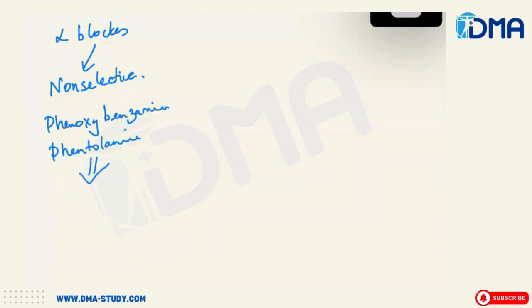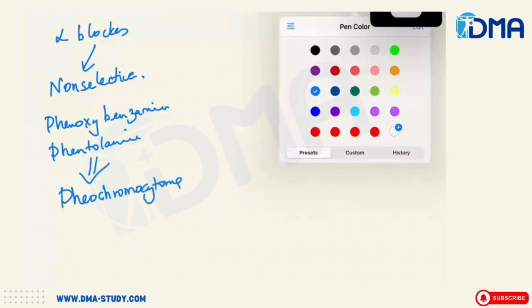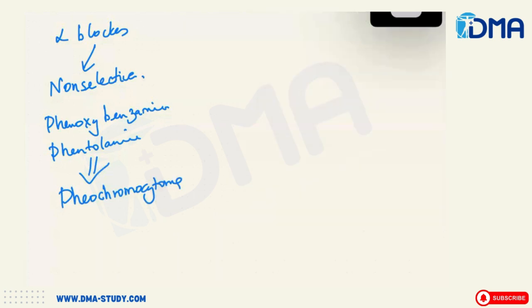Its uses, any idea what are the uses? It is used in the treatment of pheochromocytoma. Pheochromocytoma is a condition where you have an increased level of circulating catecholamines in the body.